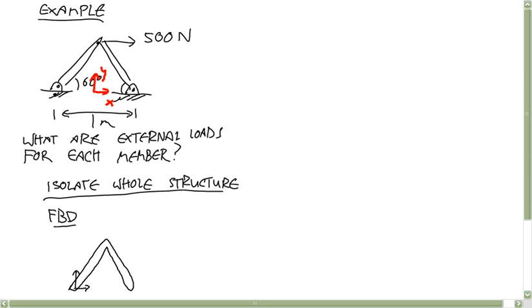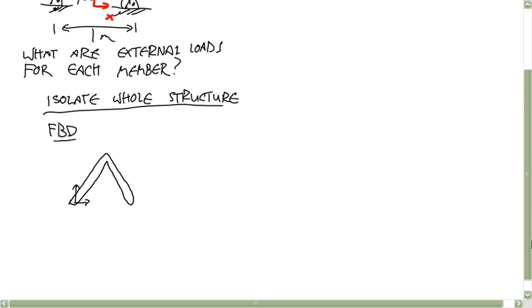Oh, and while we're looking at this, the whole picture, let's call this left member, member 1, and this right member, member 2. Then this reaction force vector is the force on body 1 by the ground. And this force vector is the force on body 2 by the ground. And then we still have that 500 Newton force.